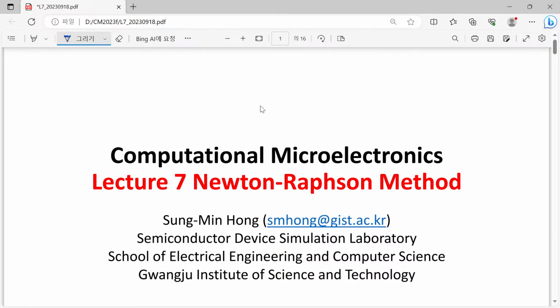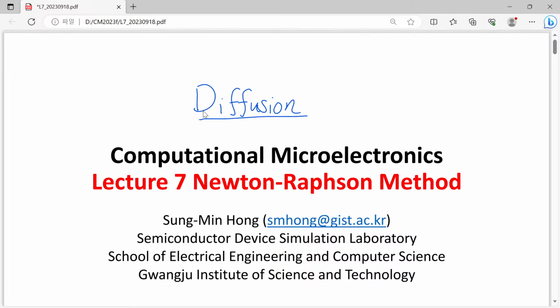Okay, so this is lecture 7. Currently we are discussing process simulation for diffusion processes. In diffusion processes, dopant atoms are diffusing under high temperature.